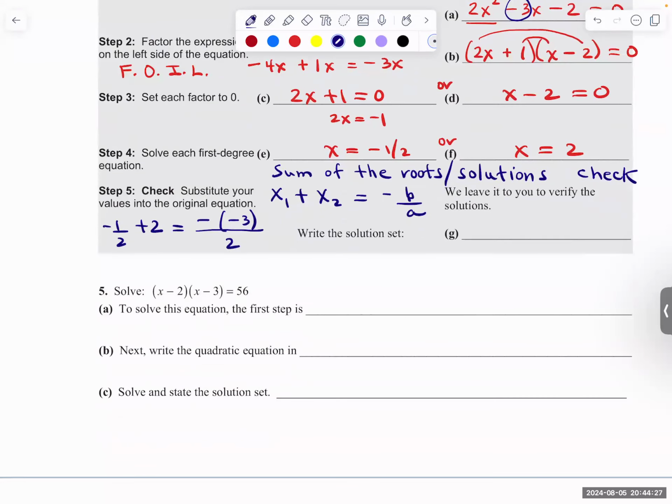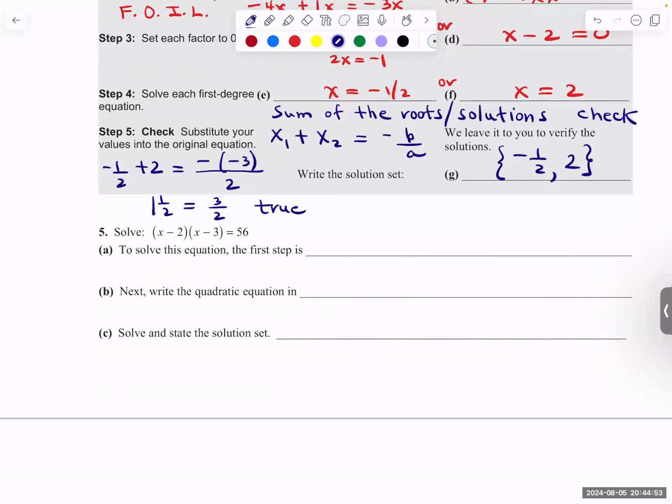So on the left side, that's the same as 2 subtract 1/2, which is 1.5. And the right side is positive 3 over 2. And this statement is true. 1.5 equals 3/2. So that checks both solutions at the same time. So the solutions are negative 1/2, comma, positive 2.